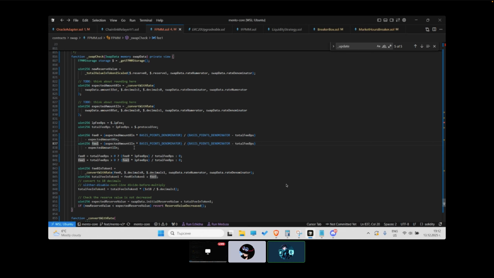Okay, 1% doesn't matter. So the fee is the amount in divided by 0.99, minus the expected. Yeah, I think this is correct.